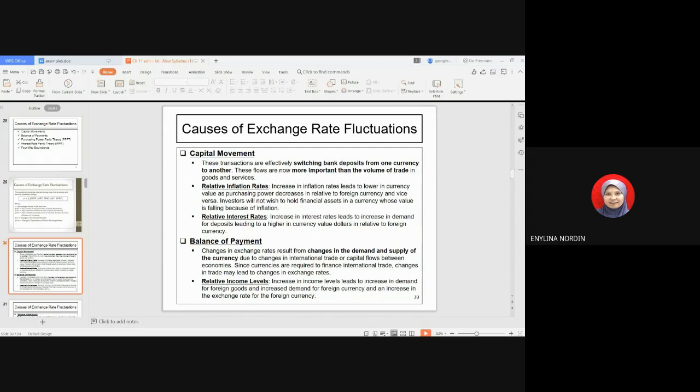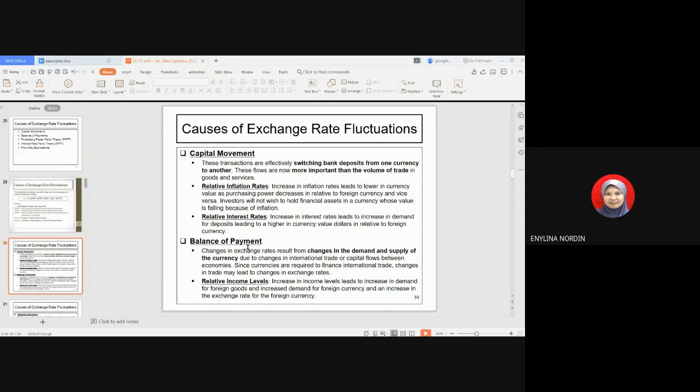When does a deficit in the current account occur? This is when the spending on import is more than export. Vice versa, the current account can also be in surplus, where export is more than import.